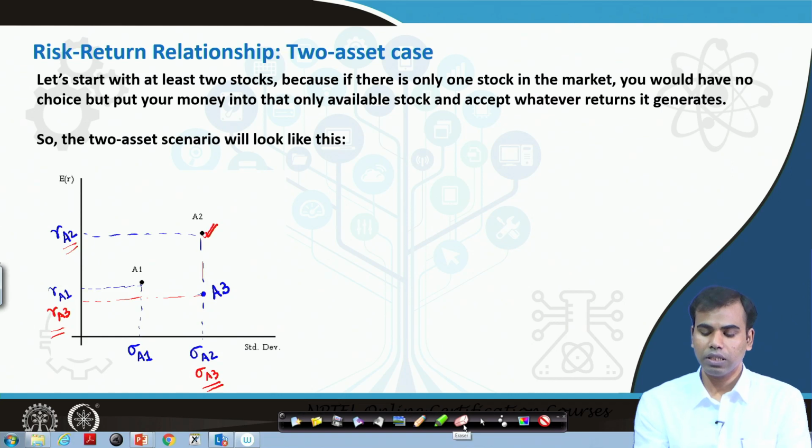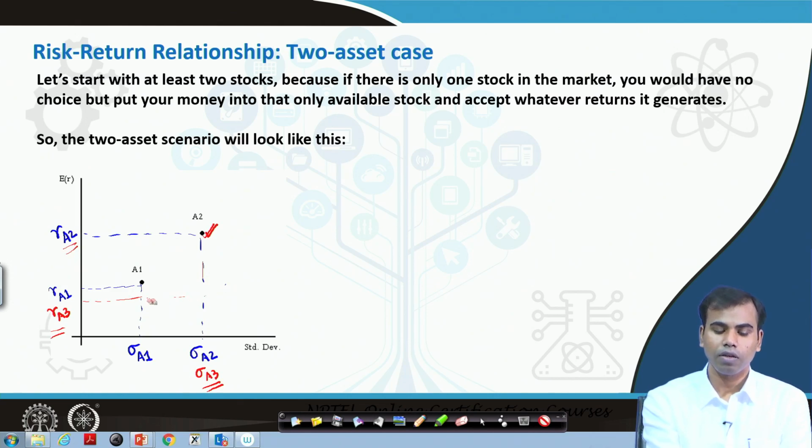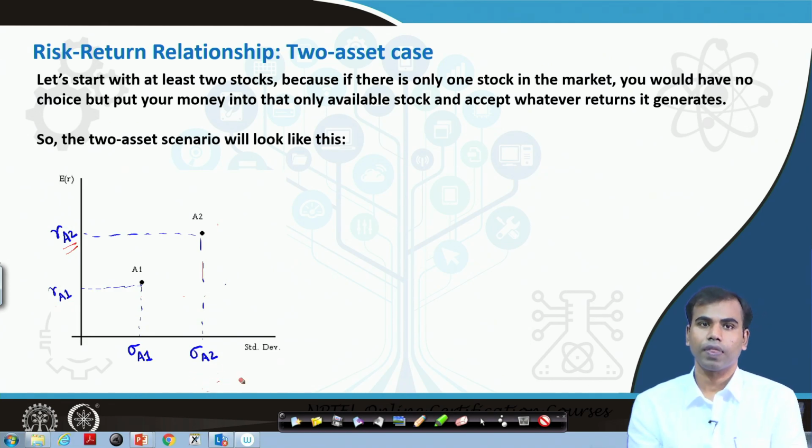So asset 3 would disappear from the market. Basically, this is how market information efficiency and the competitiveness of the market determine the availability of investment choices that we have.